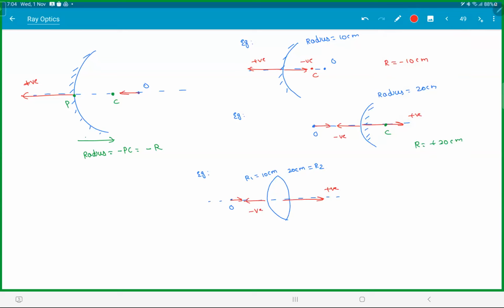So this is how we do it. For R1, if you complete the circle, C1 is this side, agreed? So for the left hand side, the center of curvature is on the right hand side. So R1 is plus 10.